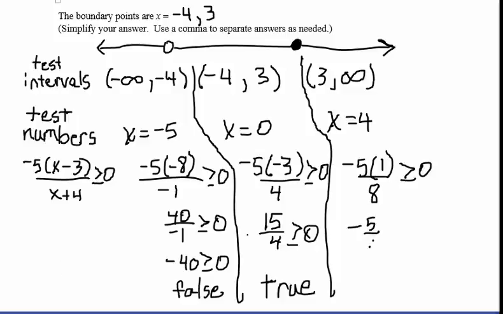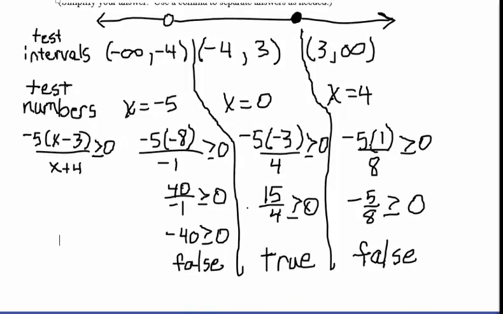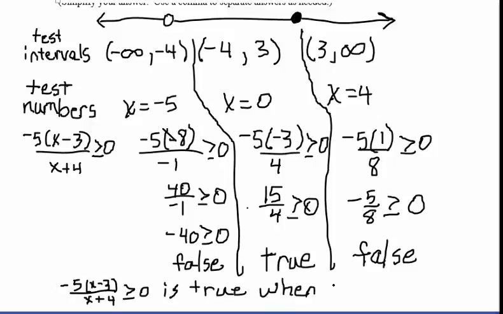Now let's test 4, which is the representative for the third interval. And we get negative 5/8 greater than or equal to 0, which is false because negative 5/8 is less than 0. So notice that the inequality, negative 5 times x minus 3 over x plus 4 greater than or equal to 0, is true when x is an element of the interval from negative 4 to 3, including 3.